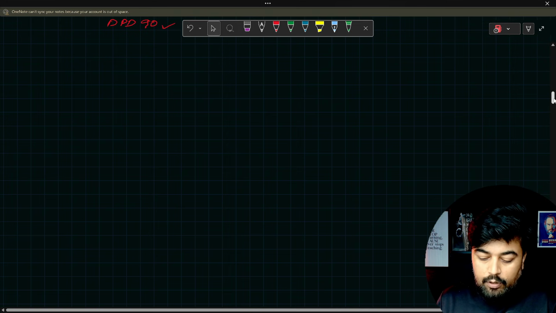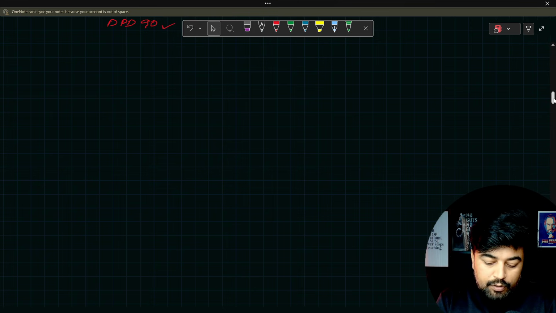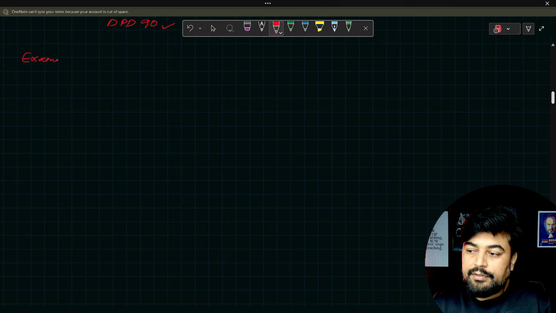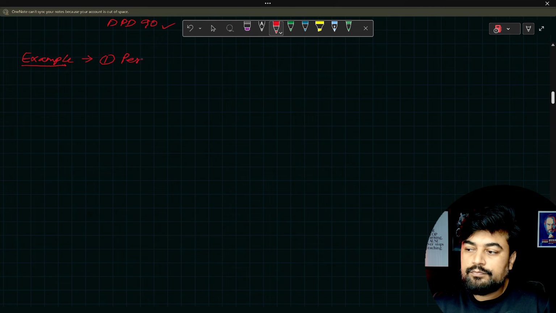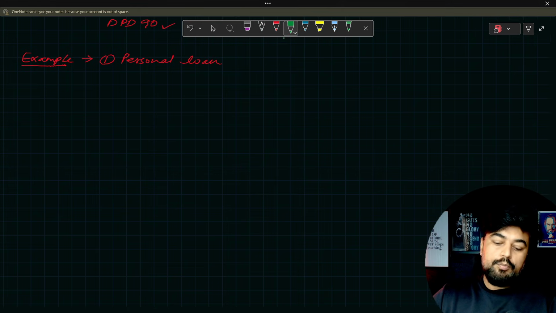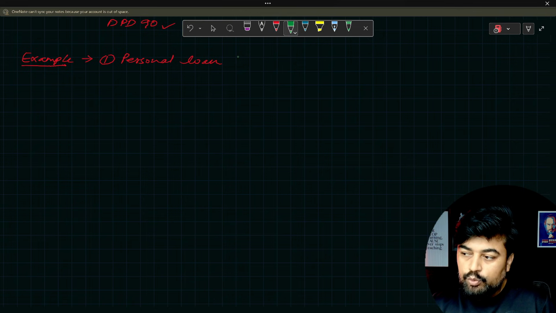Okay, now let's talk about a certain portfolio. Let's take the example of a product which a bank has, so that you can connect the dots. The example can be anything. Let's take the portfolio, let's say personal loan. In a personal loan, whenever you are giving the loan, there are two things.